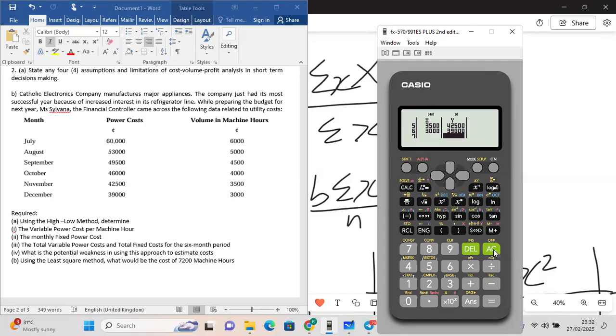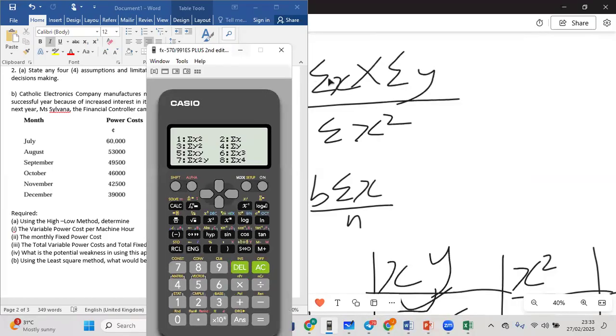So you just press AC, and you press shift, then 1. Now, when you choose 3, sum, all the x, y, and whatsoever is going to show. So summation of x, y, and x square, you are going to get it here.